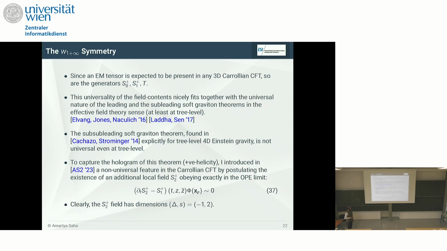Yeah, if you have a field like this. If you don't have this, they don't exist, like the S2 plus field. I'm trying to say that this S2 plus field will not always exist in the theory.